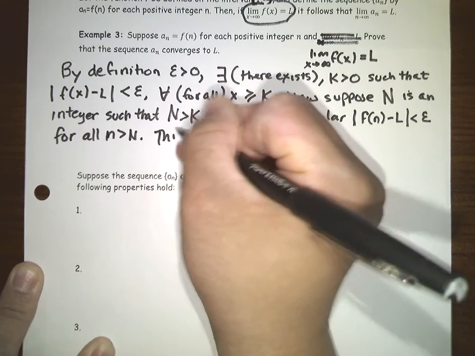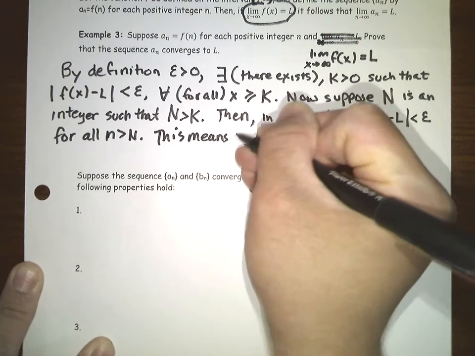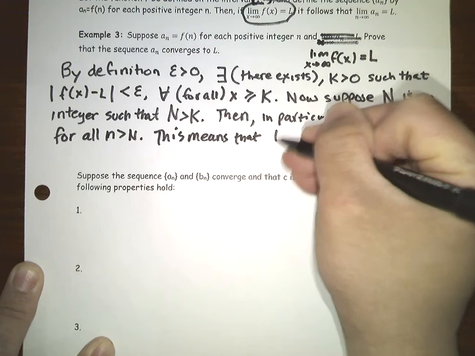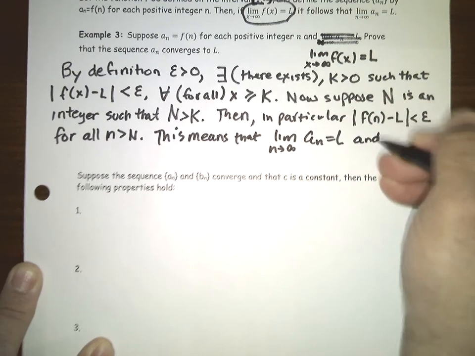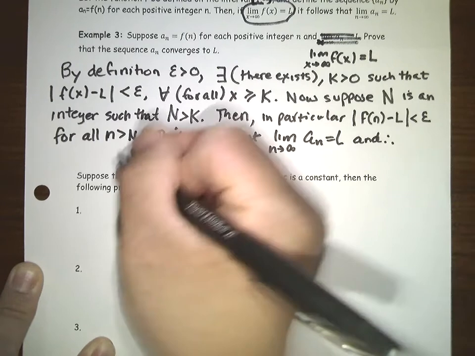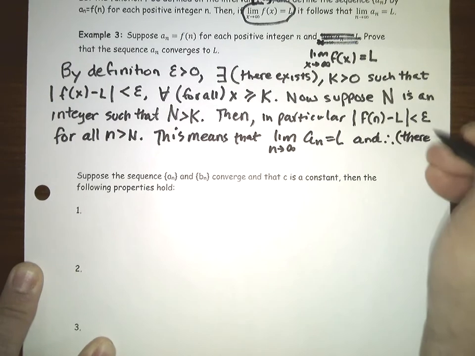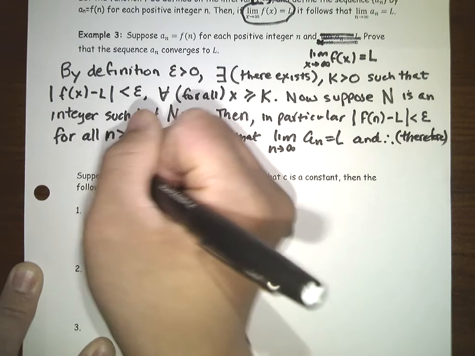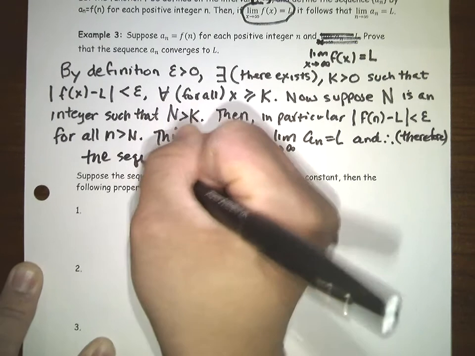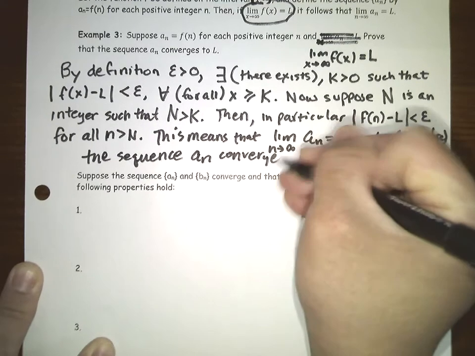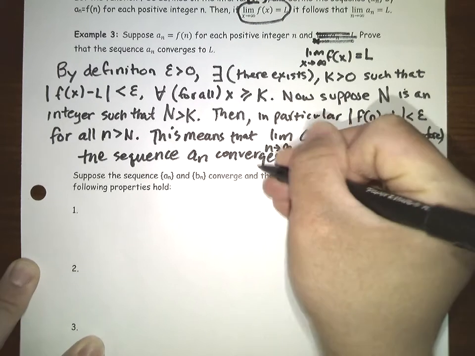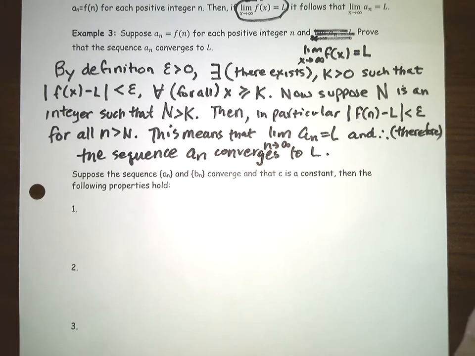So what does that mean? This means that the limit as n goes to infinity of a sub n is equal to L, and therefore the sequence a n converges to L. So really, this is just a proof of what's going on here.